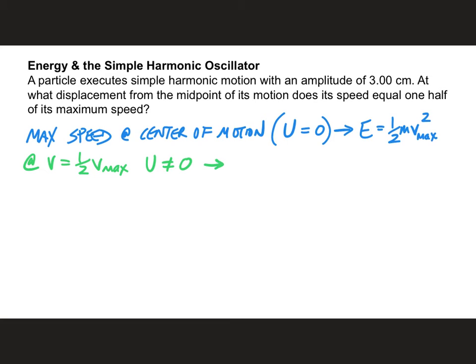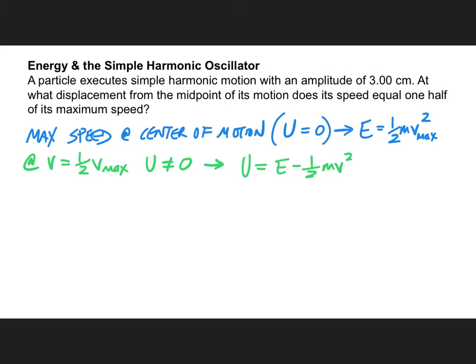So this gets us to an energy balance that says that potential is going to be equal to the total energy minus 1/2 mv squared. Remember, the v in this equation is the v at that other displacement.